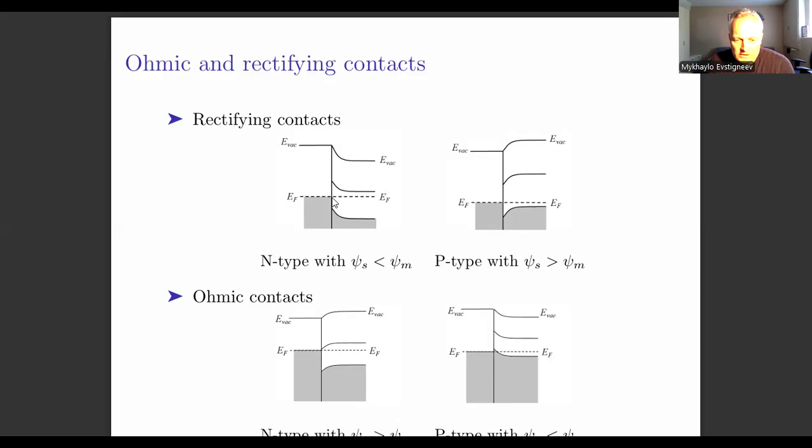I am applying positive bias to the metal. I make it easier for electrons. I am reducing the size of the depletion region. Also, I am reducing the size of the band bending, because then the vacuum and the metal energy levels will go down if I apply a positive bias to the metal. And I will be reducing the size of the band bending.